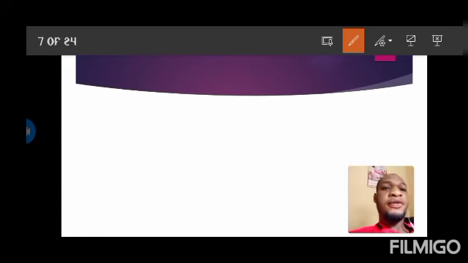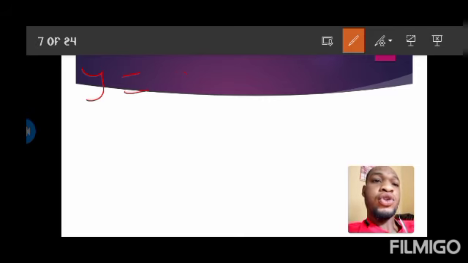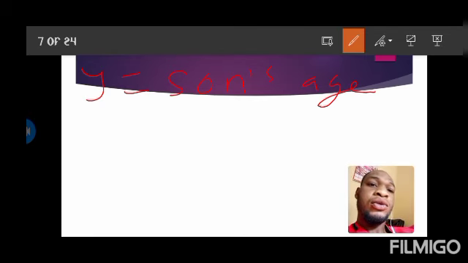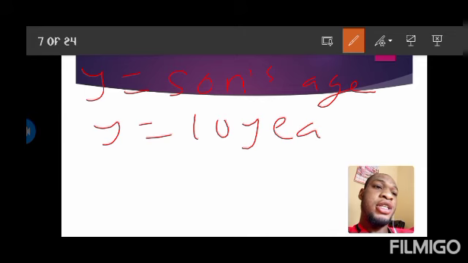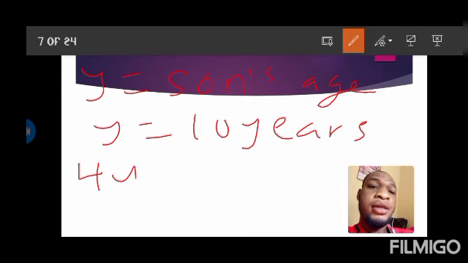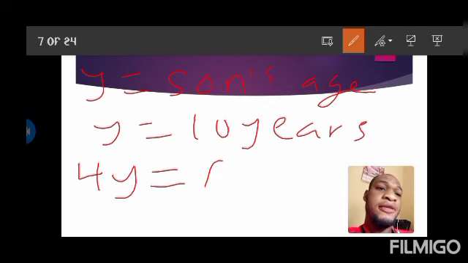Now, if y is 10, I will say y is equal to the son's age. So y equals 10 years, so the son's age is 10 years. Now I will say 4y is for the father.